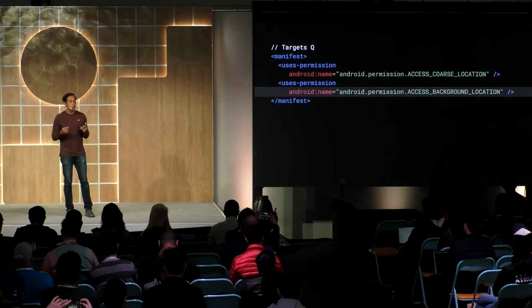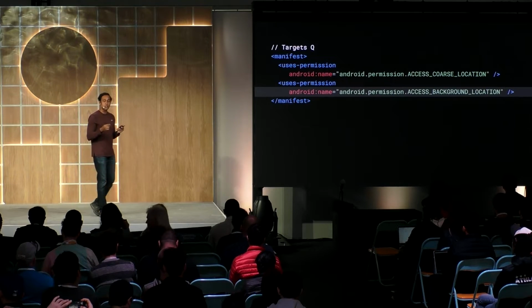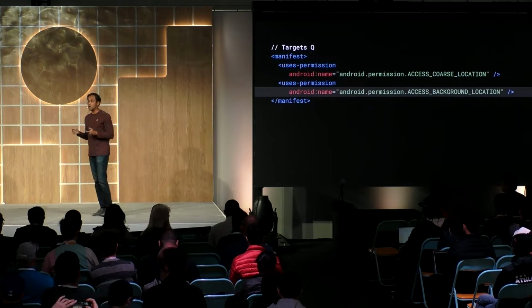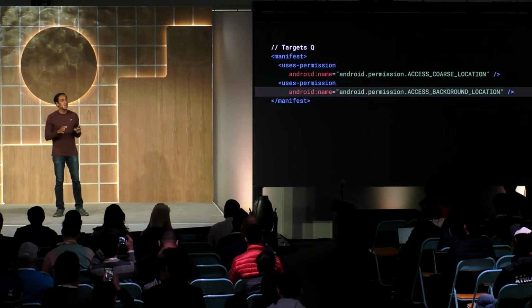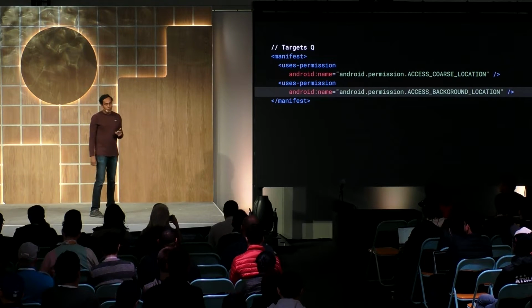In Android Q, if your app is targeting Q SDK, you should add a declaration for ACCESS_BACKGROUND_LOCATION in the manifest if your app needs to access the user's device location in the background, because your current declaration of ACCESS_FINE_LOCATION or ACCESS_COARSE_LOCATION will only let your app access the device location when the app is in the foreground.